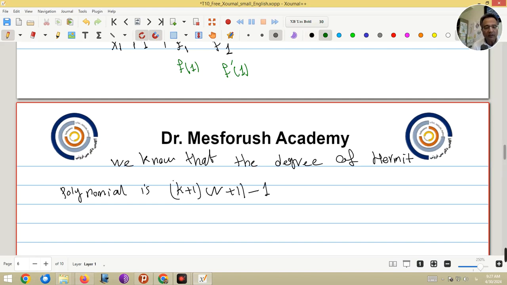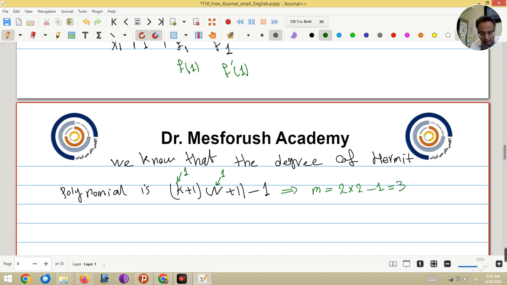Okay, but we said k is equal to 1 and also n is equal to 1. So here we get 2 times 2 minus 1. This means that m is 2 times 2 minus 1, which is 3.